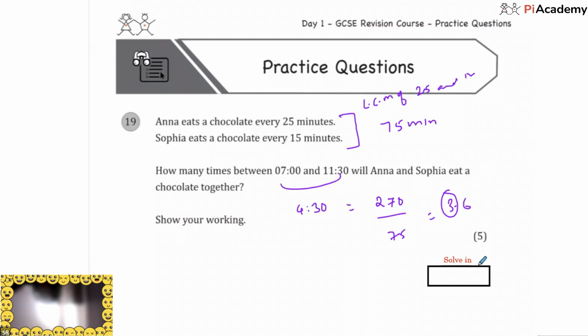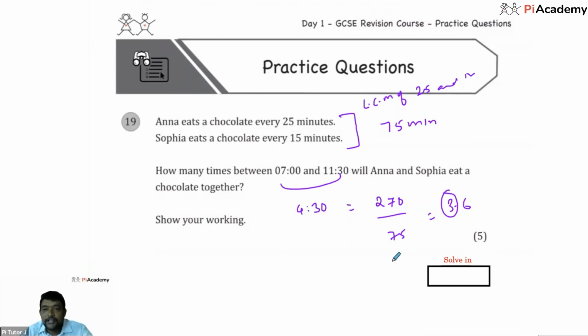Yeah, go ahead. If we don't divide 270 by 75, but we say they ate the chocolate together at 7 o'clock, then 8:15, then 9:30, and 10:45, I got 4. I just counted 75 minutes from 7 o'clock to 11:30.